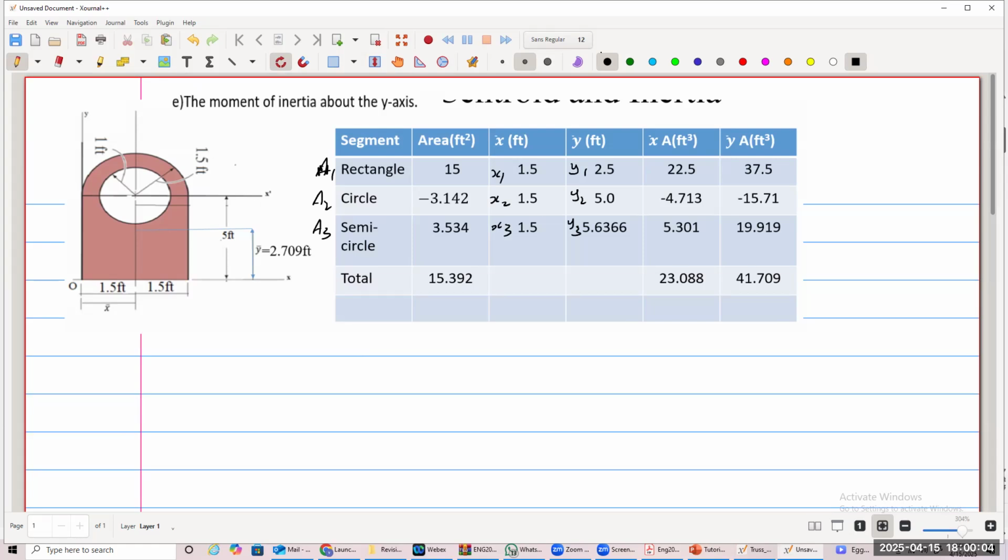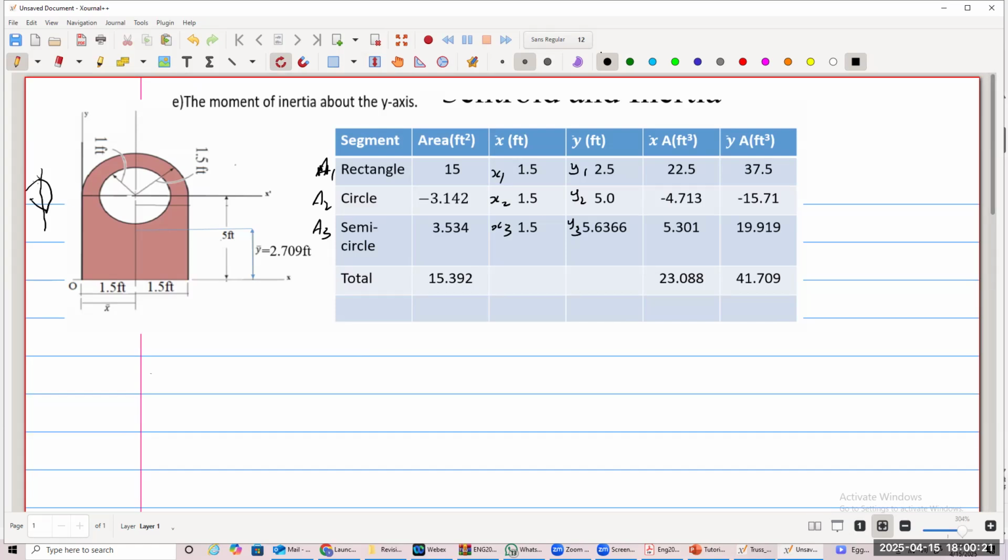Now which way are we looking? Our line of sight, our eye, will be looking that way. You want to find the inertia around the y-axis.